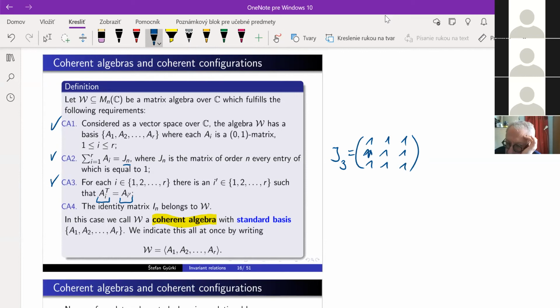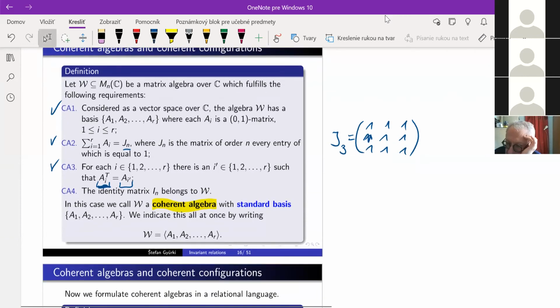So now it is translated purely into the language of matrices. To require this property, I need that with each matrix, its transpose will also be inside the matrix algebra.